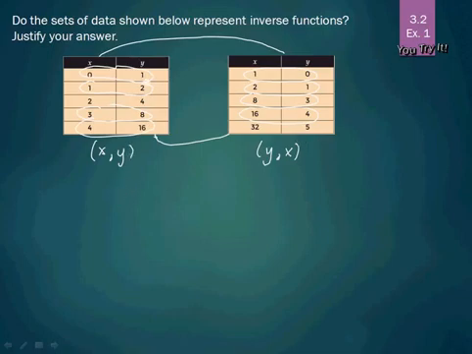To do this, we need to look at the relationship between x and y in both of these tables and make sure that they are the exact opposite procedures for all of the points included. So to do that, let's look at these table values.